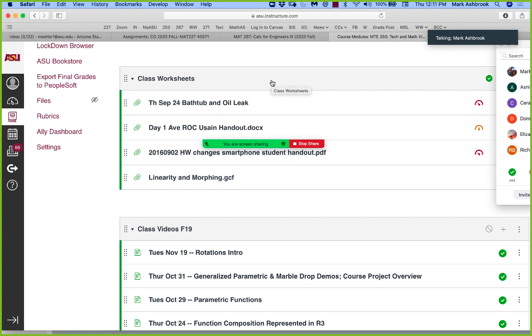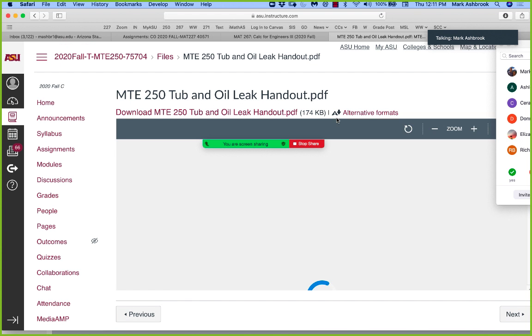Bathtub and oil leak. So I want you to pull that up on your screen, or if you can print it out quickly, you could print it out quickly. And I'm going to break you into rooms, and you guys are going to work on that, just the first page.